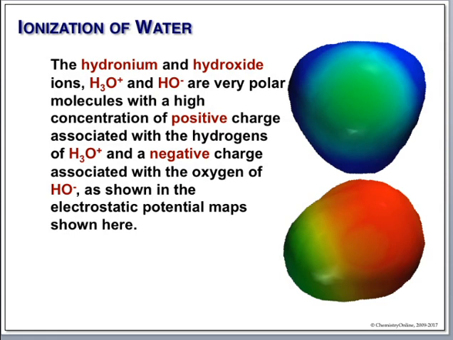We know that nature doesn't like charged particles, but this most certainly is very dark blue and very, very, very red. The reason that this process can go on at all, as we've said before, is that water is capable of stabilizing these charges.